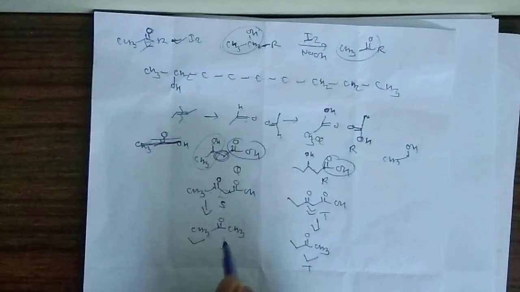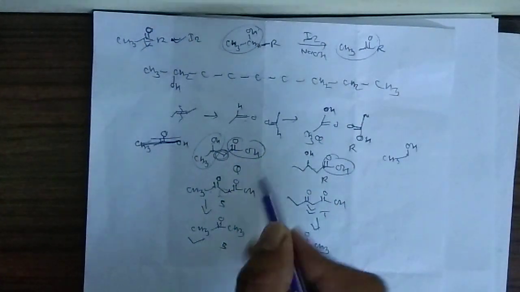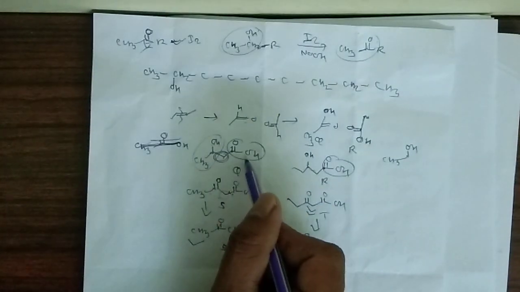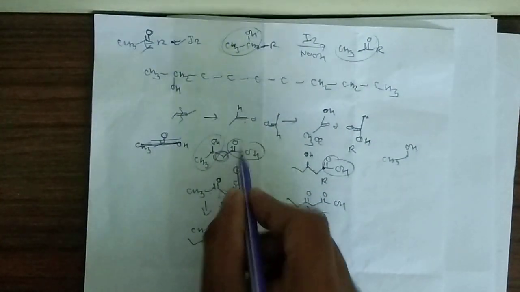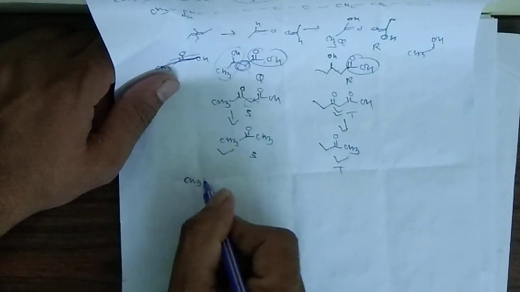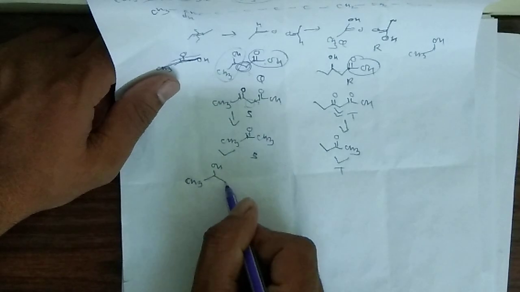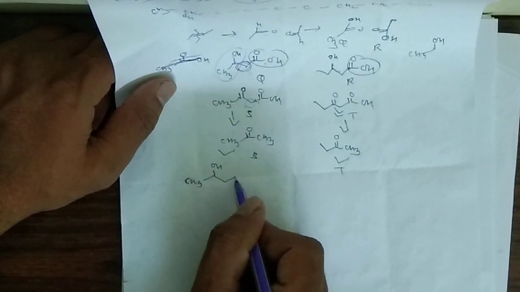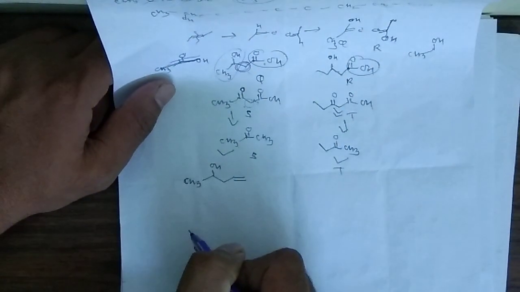Go backward. This is our S, then the previous one, this, that previous one, this, and before that, what will happen? Suppose I am writing again here Q. Our Q is CH3 OH, here one carbon, and again here a double bond is there.